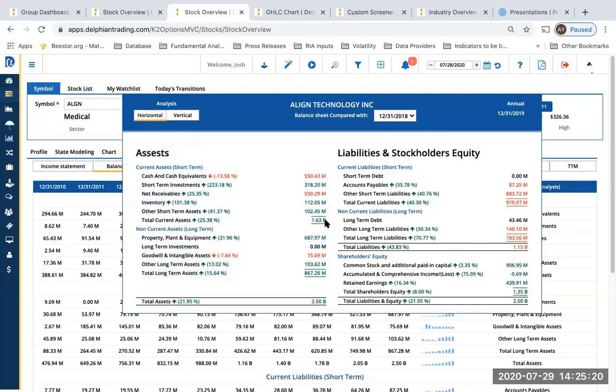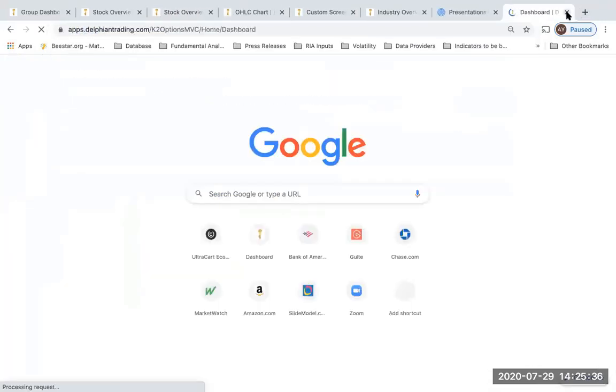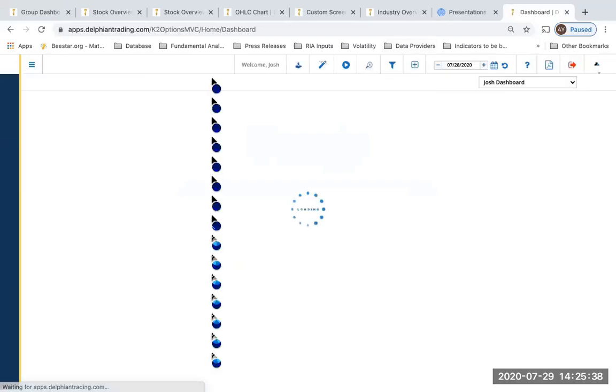The current assets are also strong, like 1.6 to 1.15, and even the liability ratio is pretty close. So yeah, this is a good comparison. We can also do one more thing: we can compare ALGN versus DXCM and see how different they are.